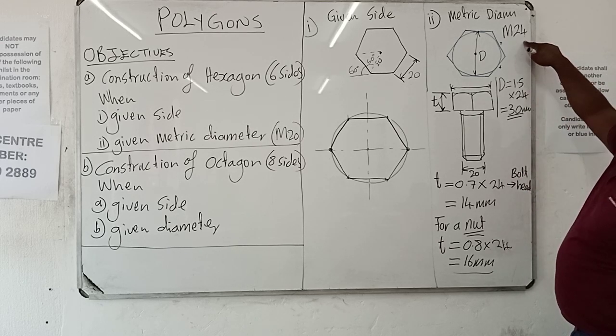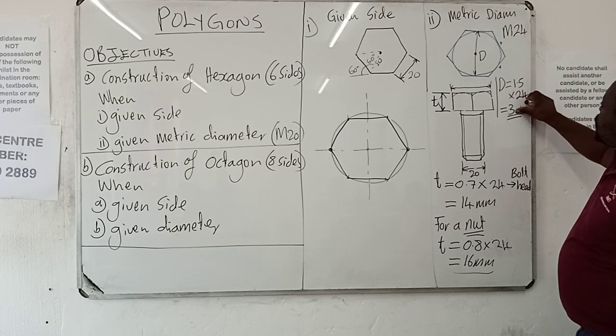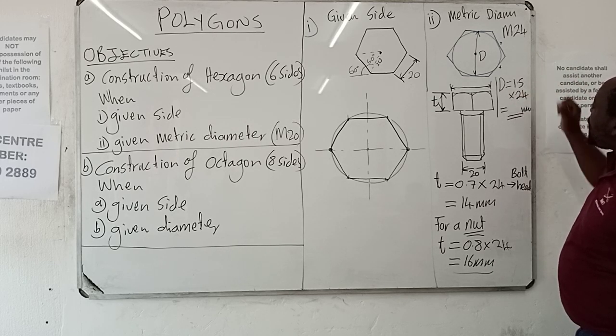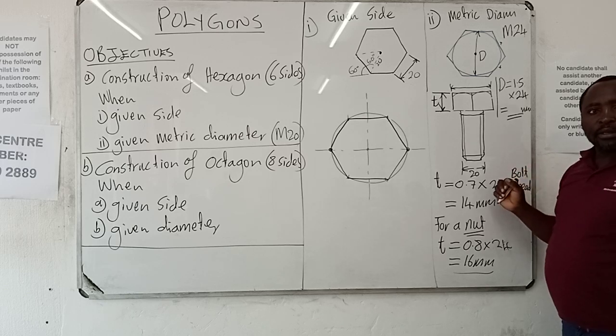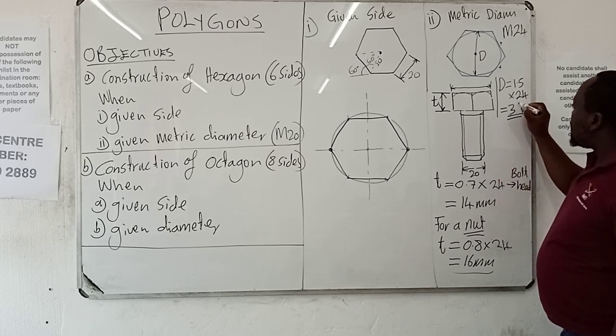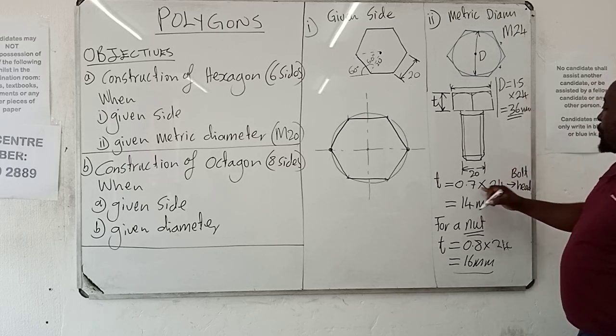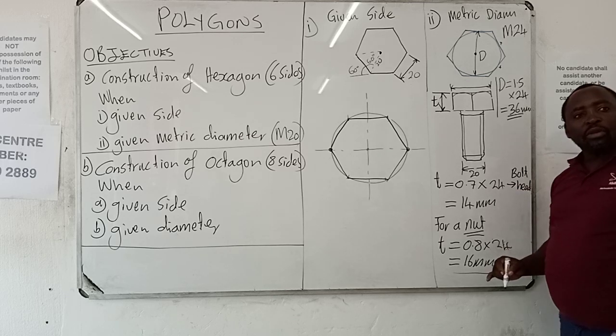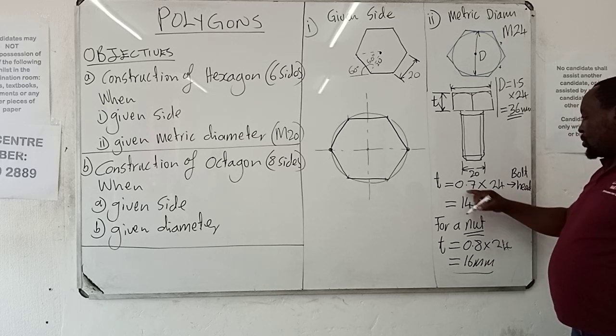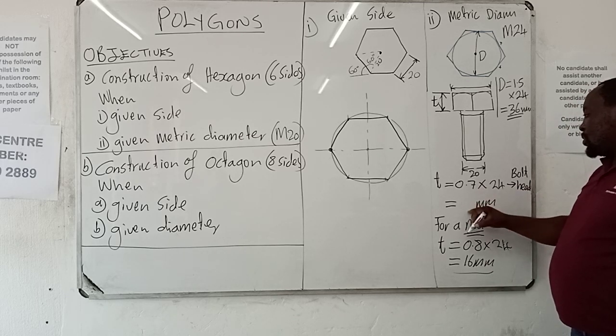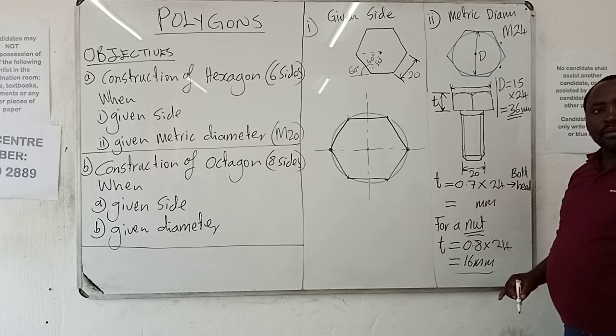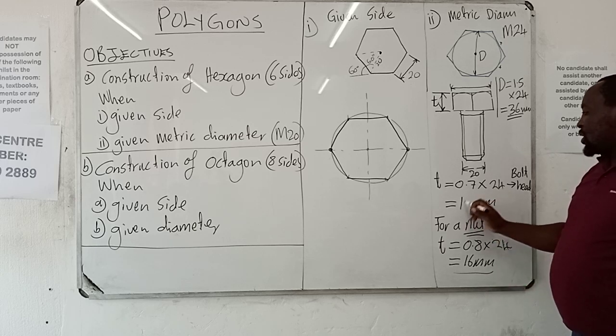Why? Because it's M24 now. So 24 times 1.5, what do you get? 36. Then 0.7 times 24 is 16.8.